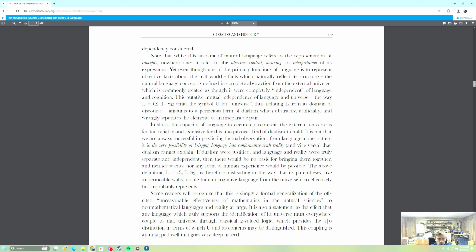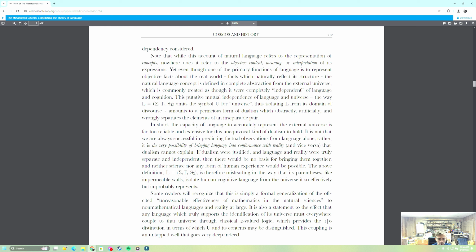Rather, it is the very possibility of bringing language into conformance with reality, and vice versa, that dualism cannot explain. If dualism were justified, and language and reality were truly separate and independent, then there would be no basis for bringing them together, and neither science nor any form of human experience would be possible.